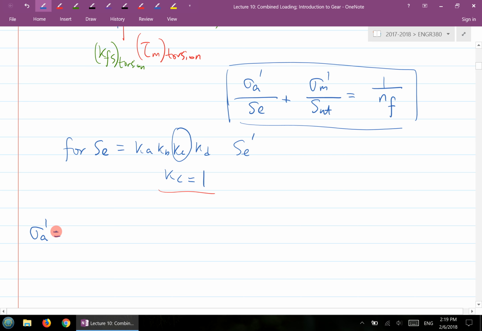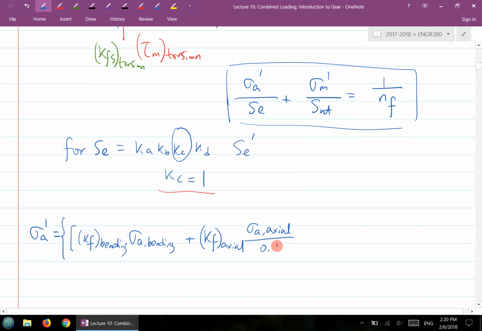For sigma A prime, using the von Mises formula for calculating von Mises stress, here you have KF for bending times sigma A for the bending, plus KF for the axial times sigma A axial component.